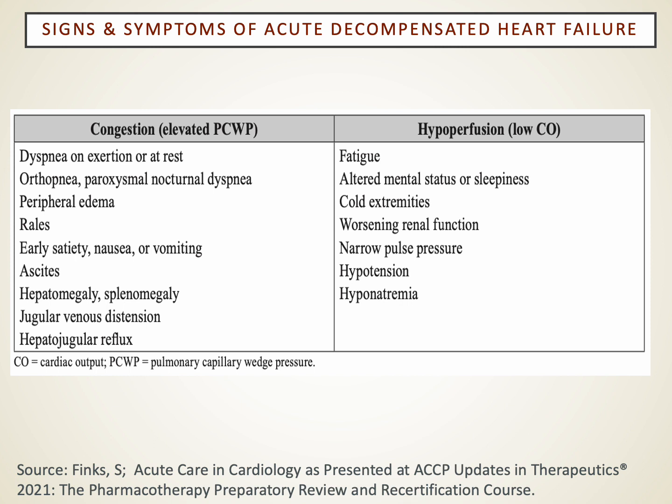You can tell that on physical exam by dyspnea, orthopnea, peripheral edema, rales, ascites even, jugular venous distension is a big one, hepatomegaly, splenomegaly, and then hypoperfusion. Are they having cold extremities, changes in mental status, fatigue, organ damage that's suggesting that cardiac output is down as well.